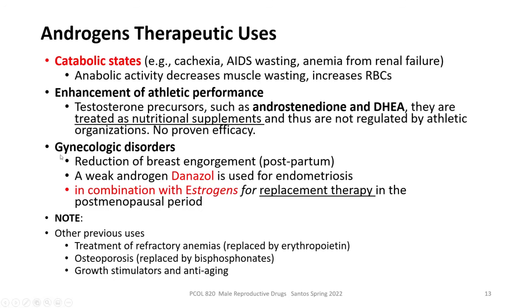They can also be used in gynecologic disorders, like reduction of breast engorgement postpartum. There is a weak androgen known as danazol that is used for endometriosis treatment, and also in combination with estrogen for replacement therapy during the postmenopausal period.